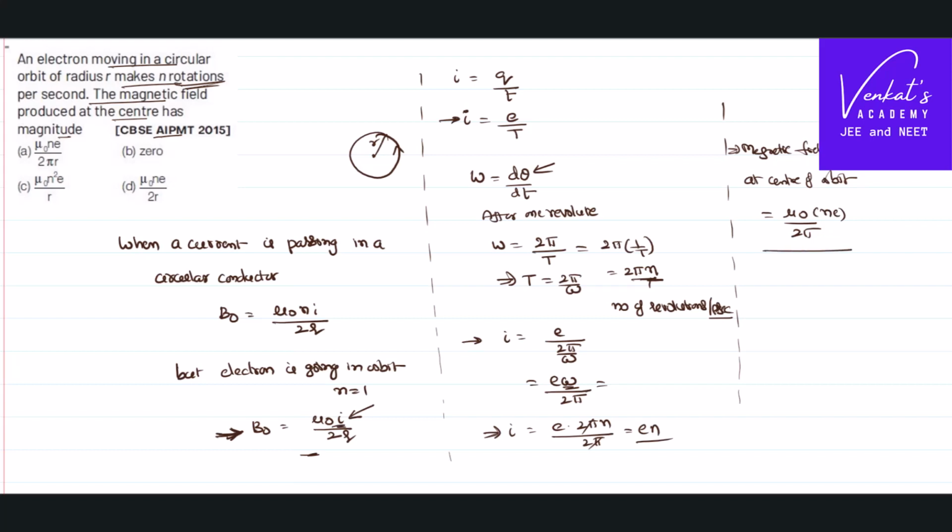So, our answer is mu naught n e by 2 pi r, since the r is there, mu naught I by 2r, in the place of I I have written n e. So, mu naught n e by 2 pi r is the answer. Option A is the answer for the problem. That is how we solve this problem. Thank you for watching.